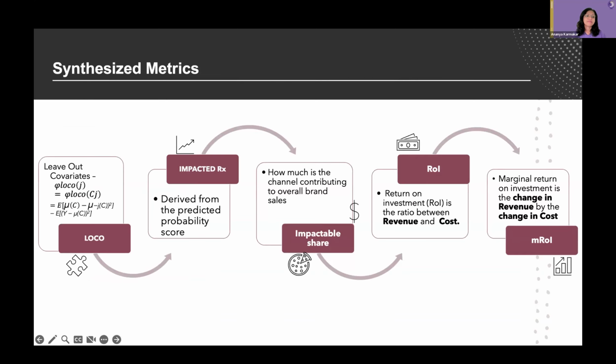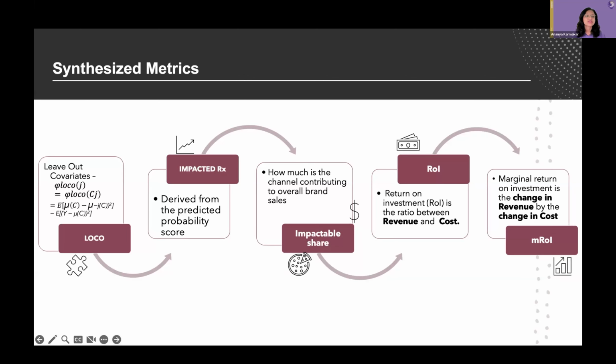Yeah, so let's walk through a few calculations and KPIs next. First up is LOCO, which is also known as the leave out covariate mechanism. Now, this helps us answer a key question. What would the model predict if the channel in consideration were excluded from the marketing environment?